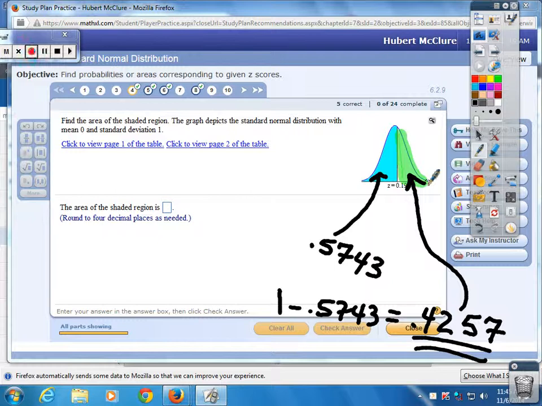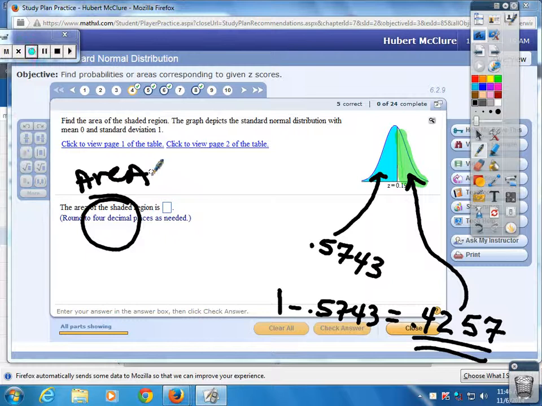So you've got 57% on this side and 43% on this side. And again, that right there tells you area. So that will keep people from wondering whether they want z-score or area.